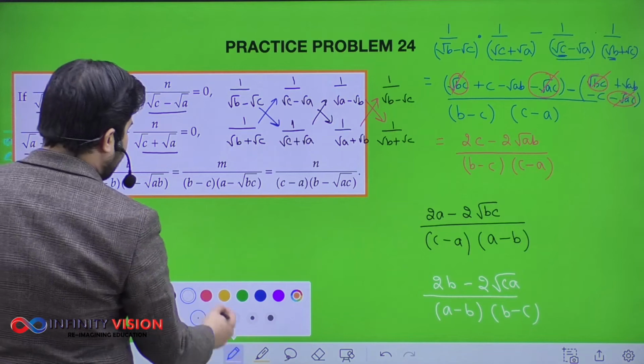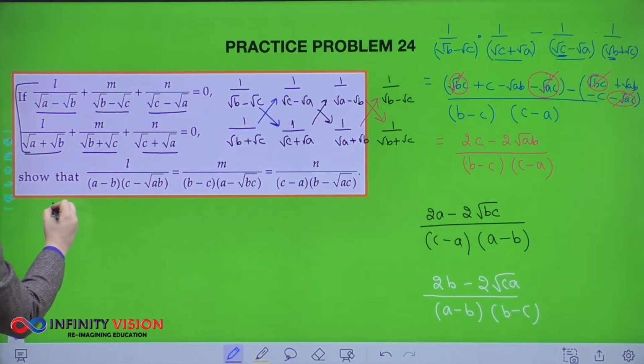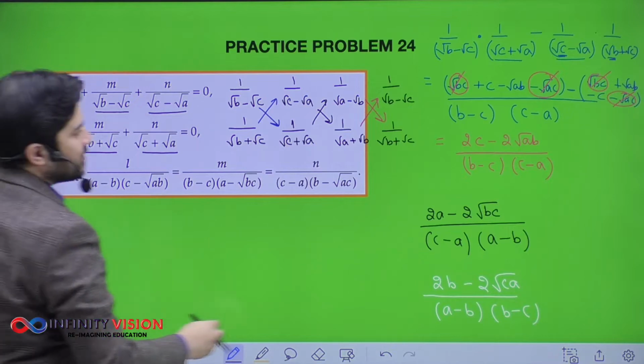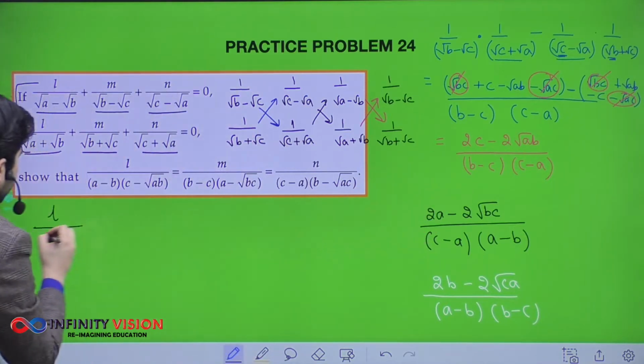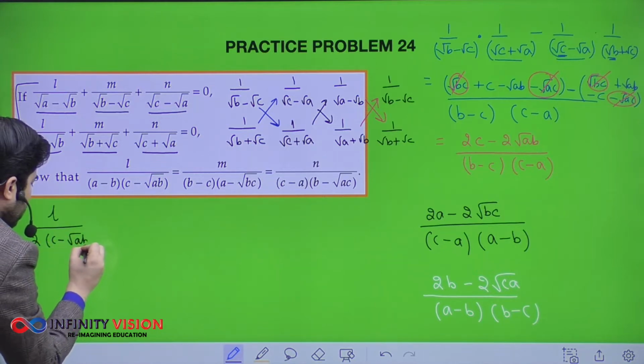So I can write the whole thing, these two, L upon, my first guy is 2c, that is twice of c minus root ab.